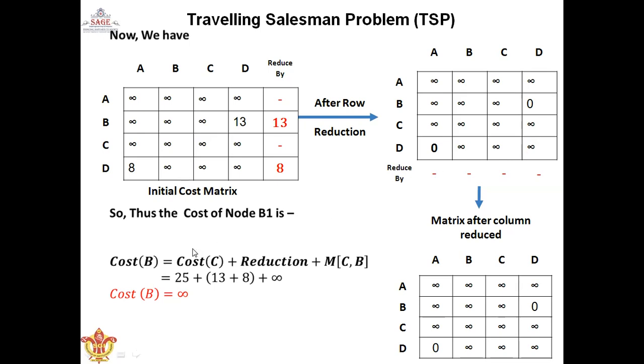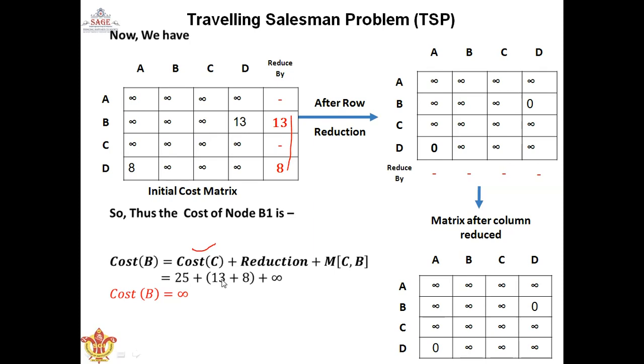So the cost of C is 25, and the reduction we have is 13 plus 8. If we write 0 here, we'll have to do the column reduction, and while implementing we are going to get more complex things. So it will be reduced in the row section itself. So 13 plus 8.